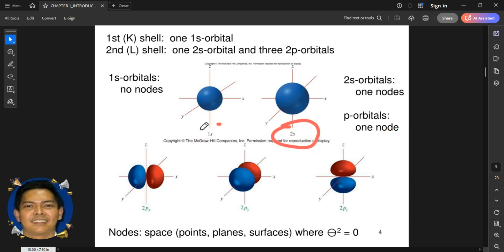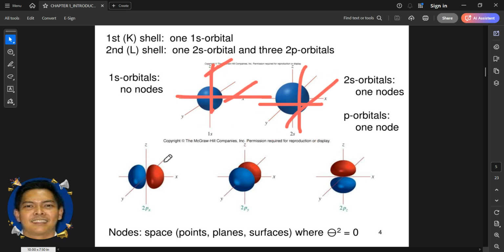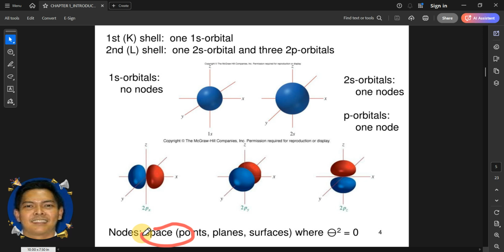Here you can see the 2s and 1s orbitals, and the y, z, x axes. Nodes represent the space, the point, plane or surface where the orbital has no electron density.